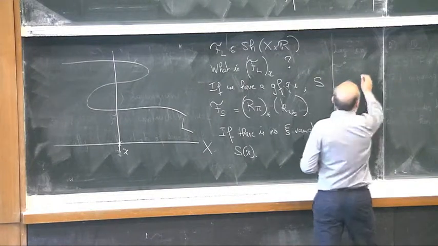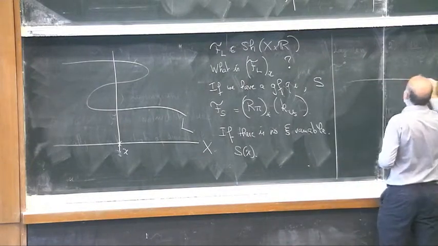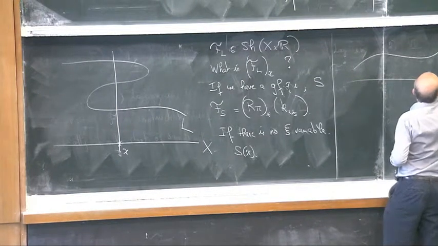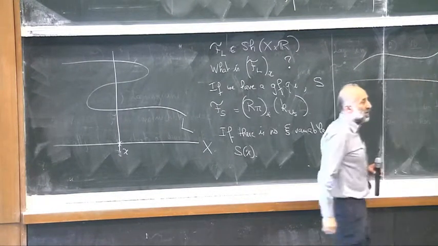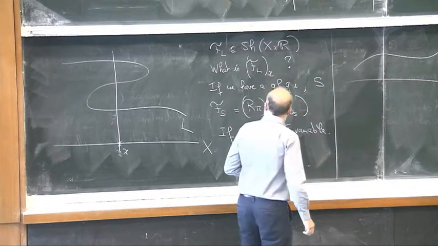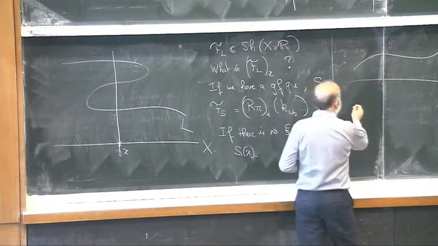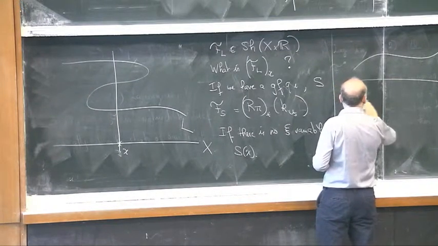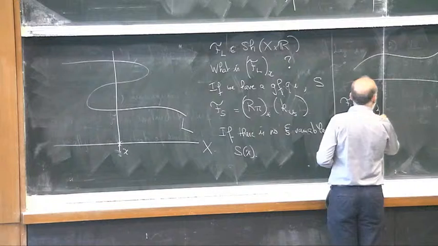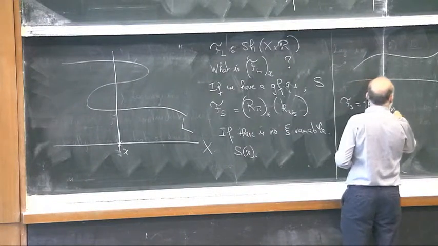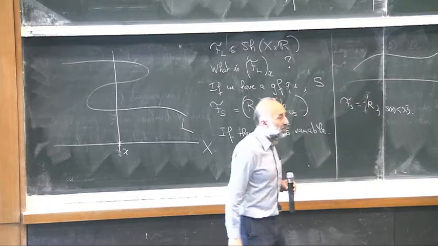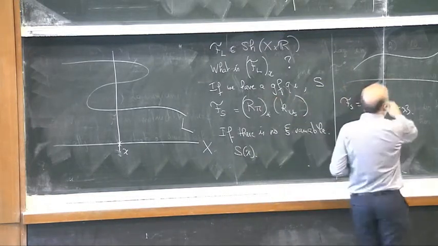So in this case, this is the graph of my function dS. And the sheaf F_S is just the constant sheaf over S(x) less than λ.